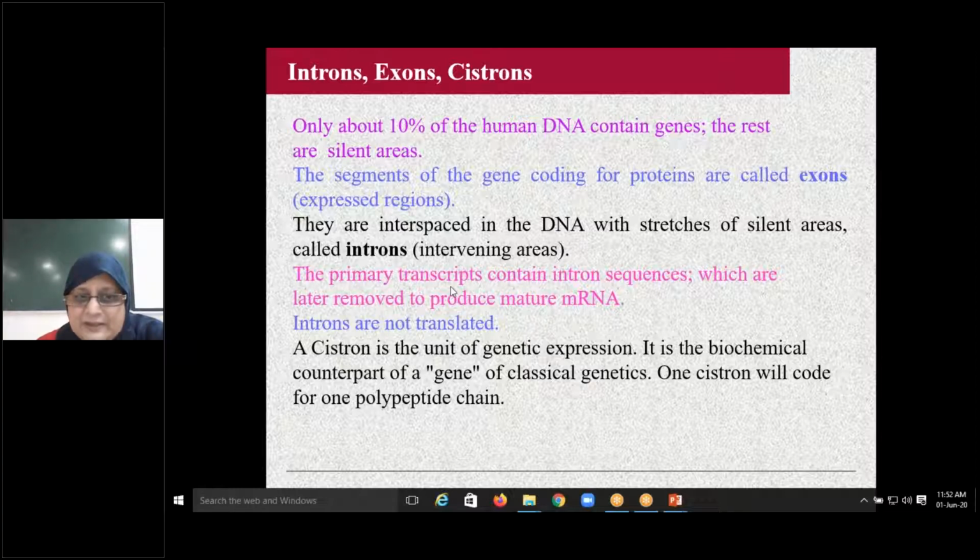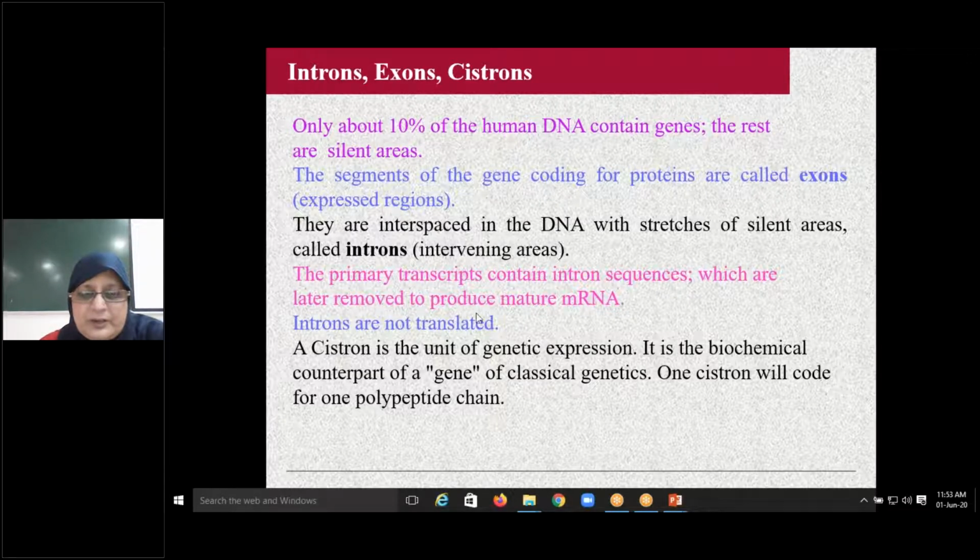Now the primary transcript contains these intron sequences, which later are removed to produce the mature RNA. So when introns are removed, the primary transcript is converted into a mature RNA. Now introns do not get translated.